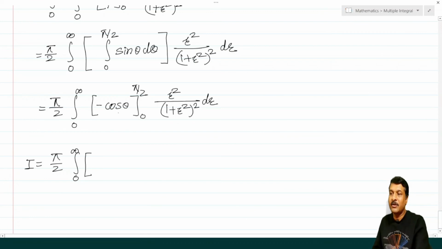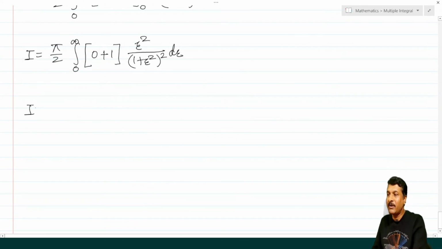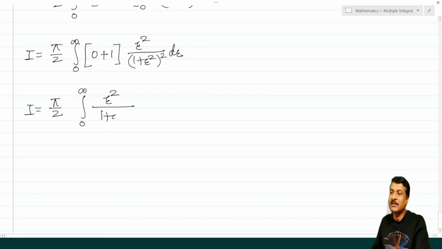Here cos pi by 2 is 0 and for lower limit 0, cos 0 is 1, but minus minus plus 1, and the remaining as it is, r square upon (1 plus r square) whole square dr. So finally I am getting I equal to pi by 2 into 1, and integration 0 to infinity r square upon (1 plus r square) whole square into dr.